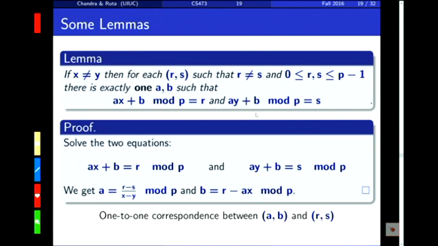Can they generate the same AB? Why? Exactly. The question is clear? Okay.